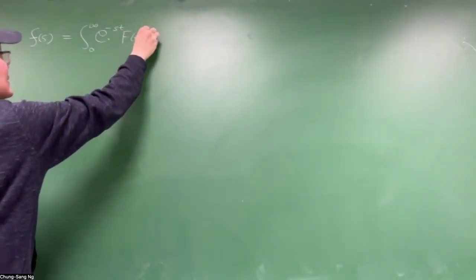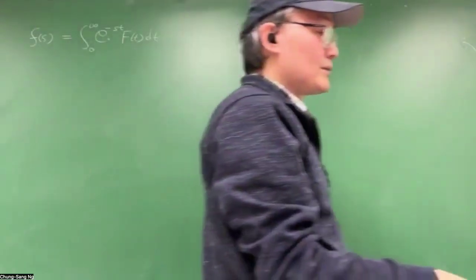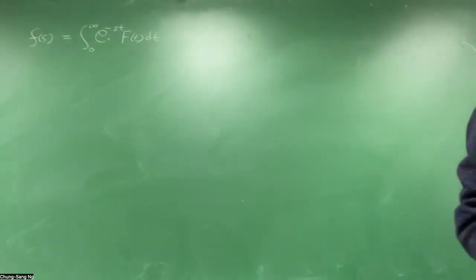So what we are doing is, you have this F(s), the Laplace transform of capital F, the integral from 0 to infinity of f(t) dt, right? And we try to get the inverse transform, which is related to and coming from the transform, obviously.